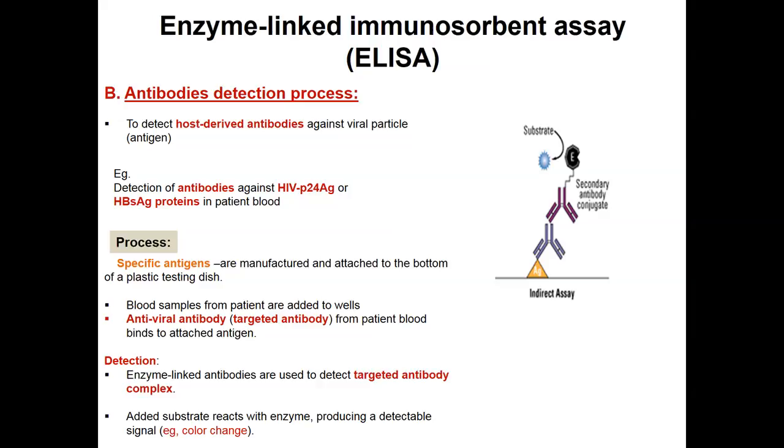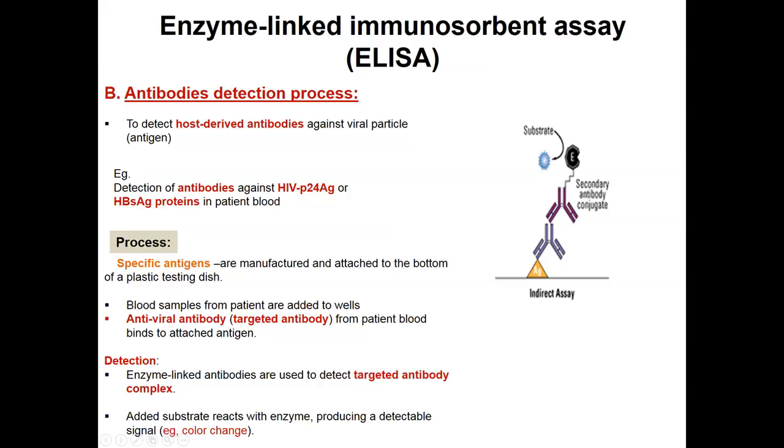So you take your antigen, you link it to the bottom of your wells, your 96 well plate. Now you take the patient sample containing the antibody against that antigen and add it to your wells. If the presence of an antibody is real, the antibody from the patient sample will recognize the antigen and bind to it.